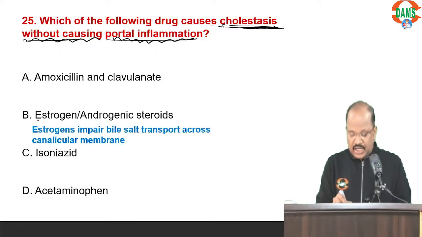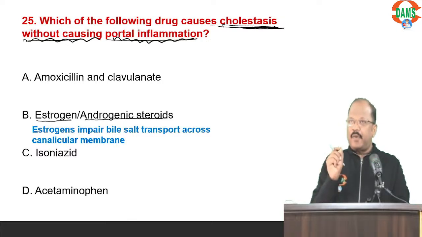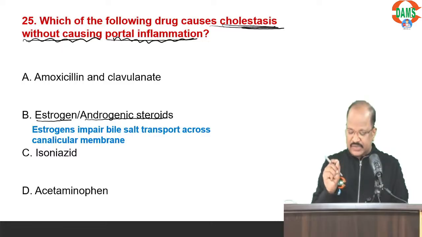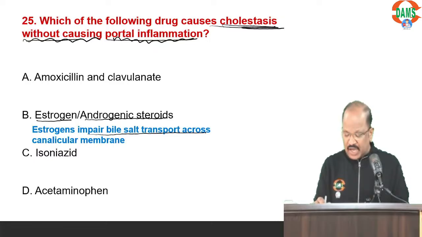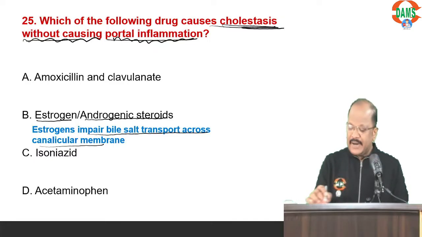Look here, estrogen and anabolic steroids are reported to cause cholestatic jaundice. They impair bile salt transport across canaliculi, thereby causing cholestasis, but they don't cause portal inflammation.